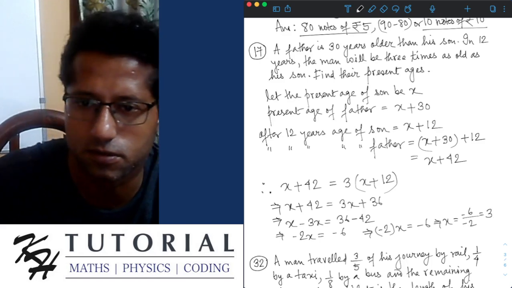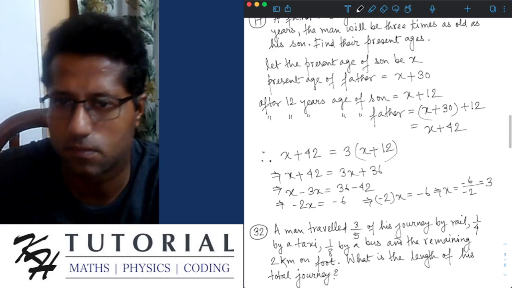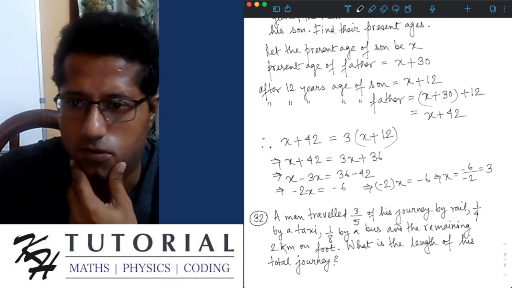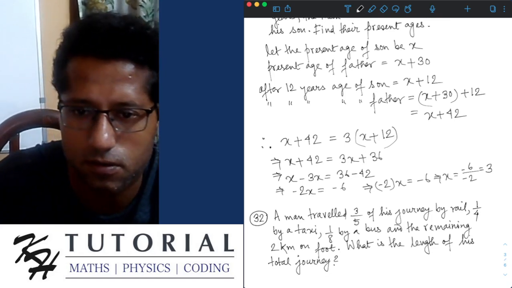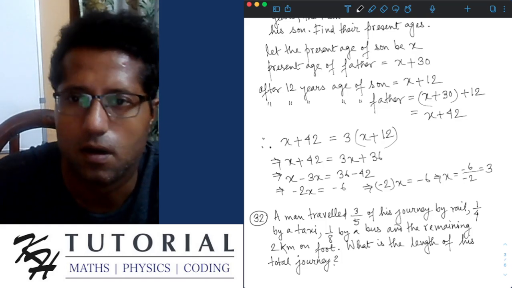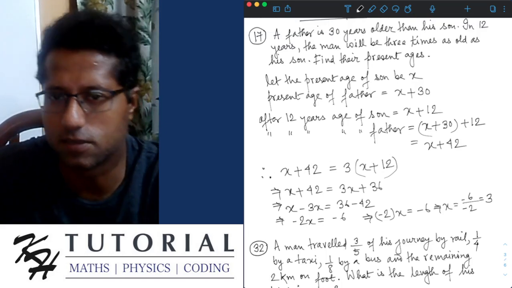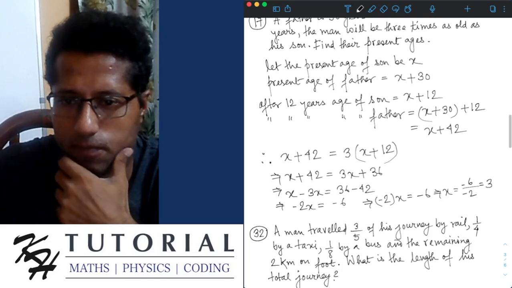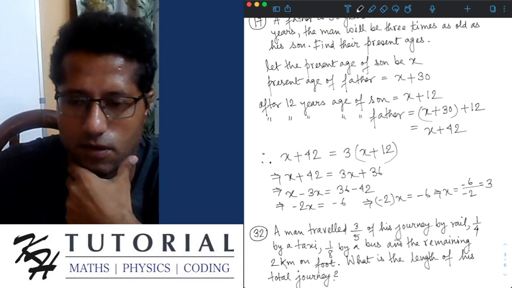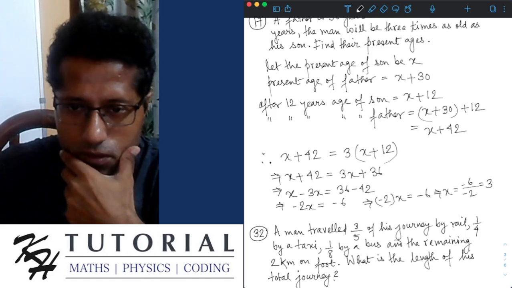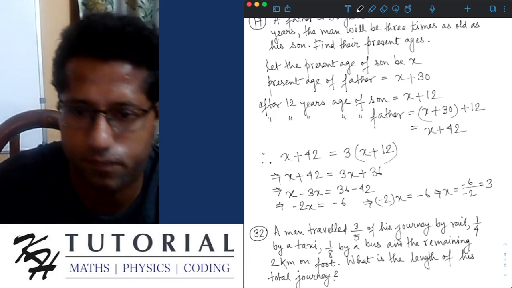So the age of the son is 3. The son is a baby. Anyway, so this x is 3. The question has asked for the present ages. So x is the present age of the son, which we have found from the linear equation to be 3.